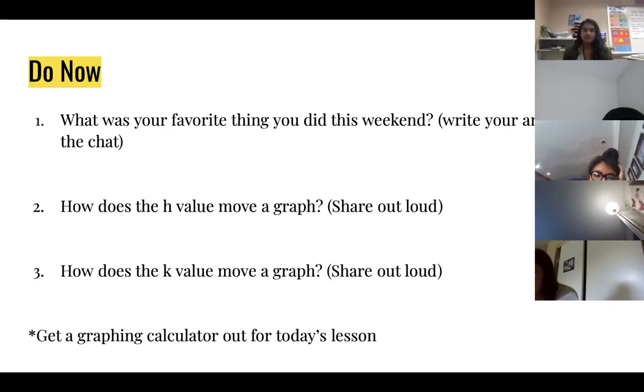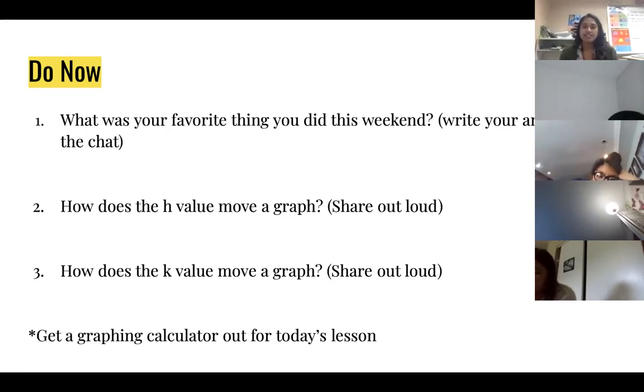Yes, it has to move either to the left or to the right. Yes, and then how do you know if it moves left or right? If it's positive or if it's negative. Yeah, so positive means you're going to the left, and then negative means you're going to the right.